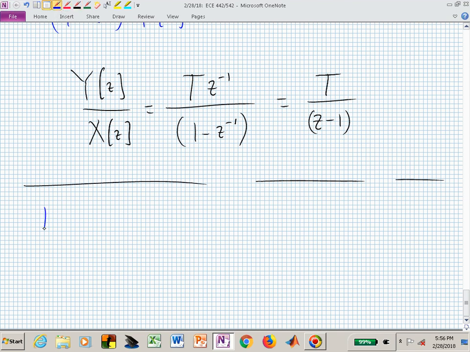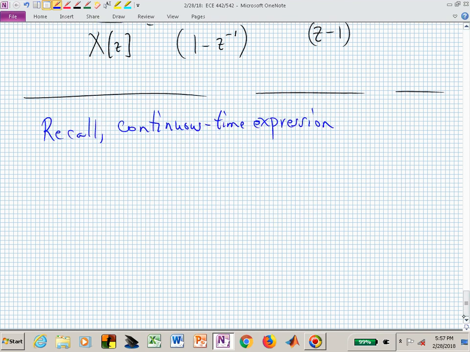If we recall, if we have y of t is equal to this integral from 0 to t of x of tau d tau, what happens when we take that into the frequency domain? What if we now Laplace transform this?